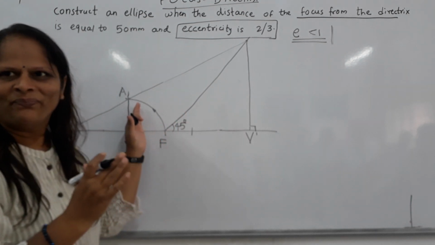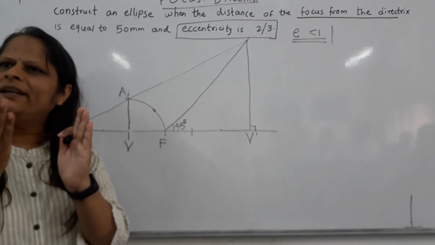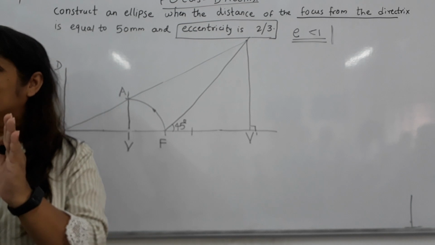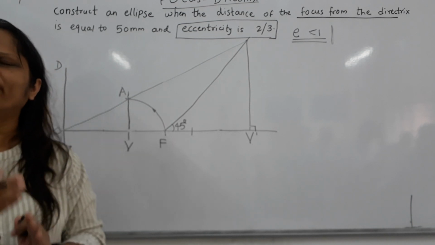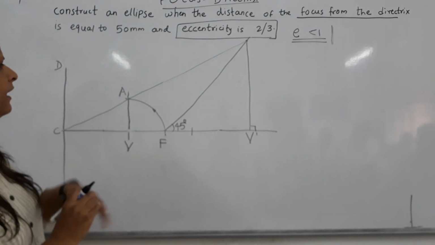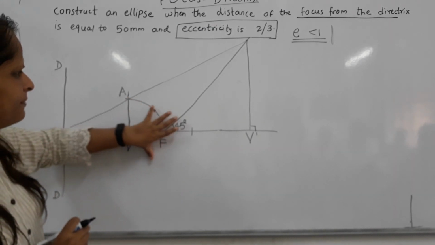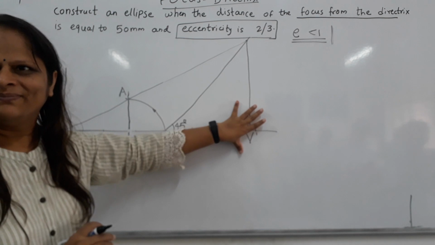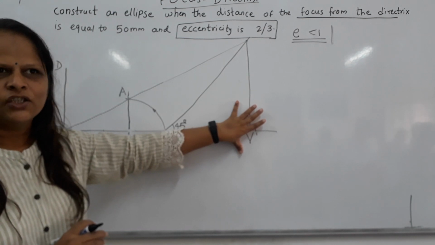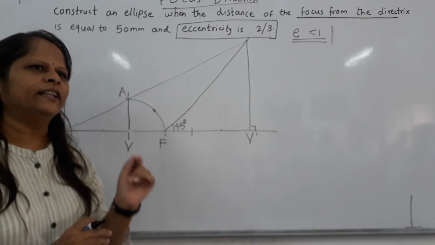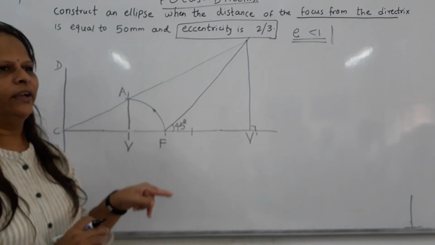Are you getting? Because it is a symmetrical component. So when we are doing the construction, we have to be very careful. If I am getting P1, P2 here, after V, the similar P1, P2 I am getting here. Are you getting my point? So that care we have to take, then the curve will be very accurate.